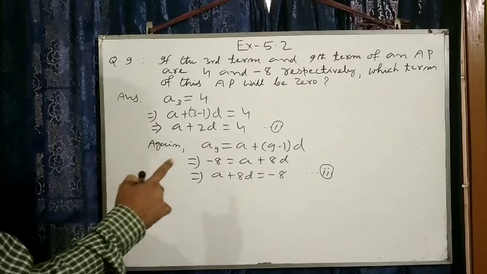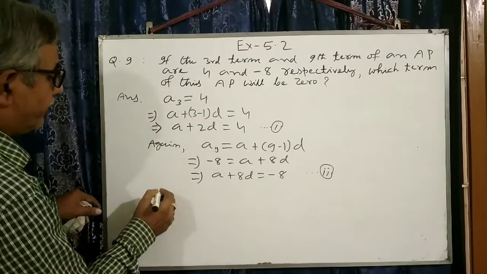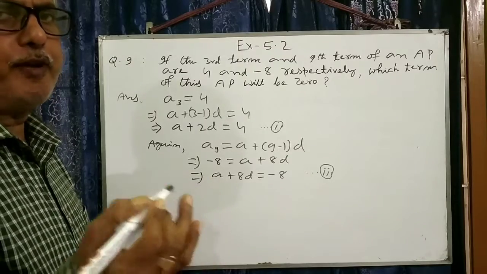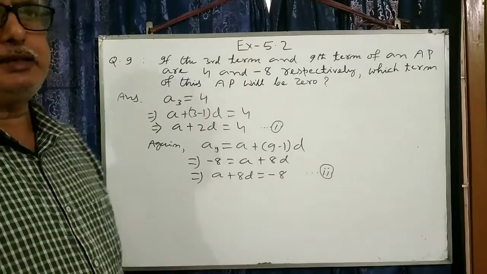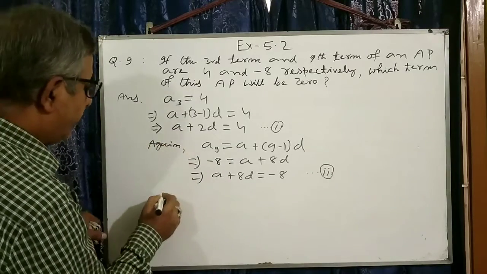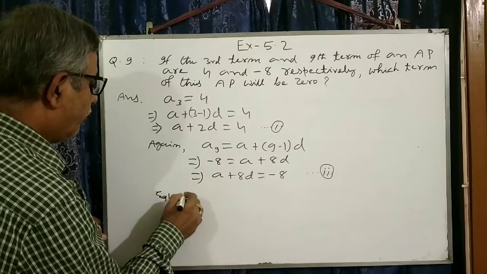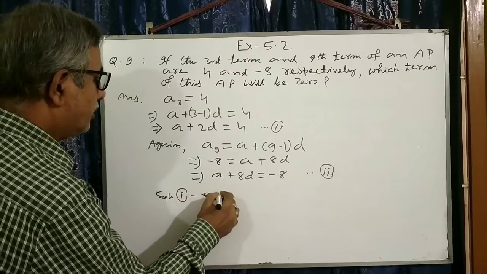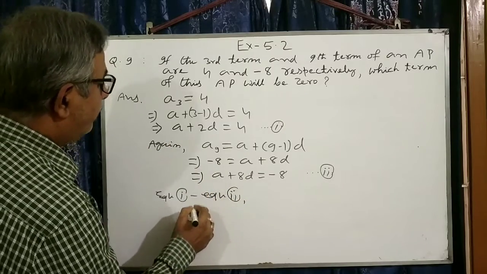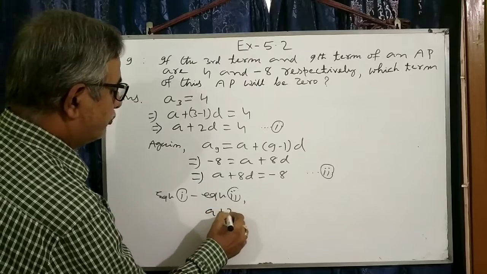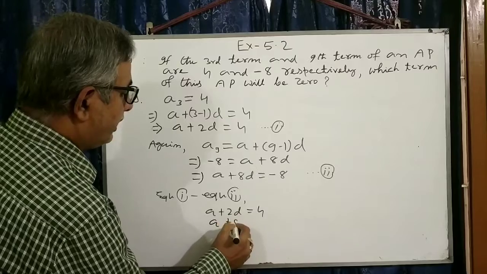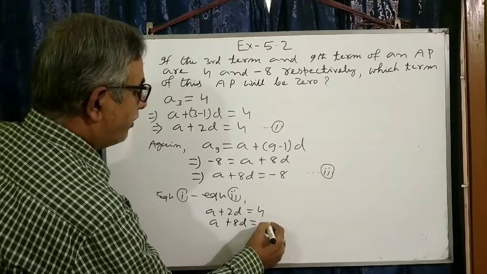Now equation 1 minus equation 2 you do. As in the case of linear equations, you have solved many questions to find out the values of x and y. Similarly, you can get here the values of a and d. Here, equation 1 minus equation 2. Instead of first equation, we are writing a plus 2d is equal to 4, and second equation a plus 8d is equal to minus 8.